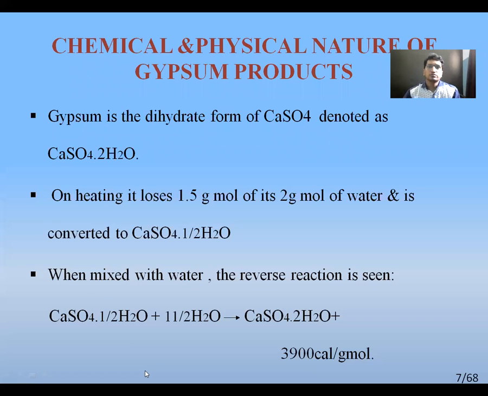Whenever you make a cast, how do we check whether it is set? We take a wax knife or any instrument and pierce it. The second test is to place our hand on it. If the plaster cast gives off heat, it is set, because it is an exothermic reaction.